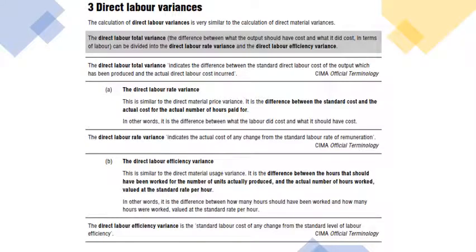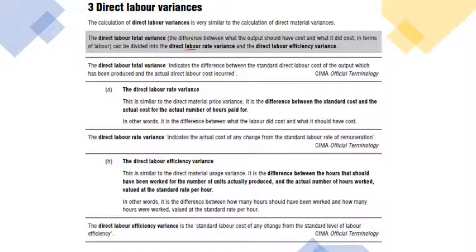In direct labor variance, the difference between what the output should have cost and what it did cost in terms of labor can be further divided into direct labor rate variance, as I already mentioned. One is the labor rate variance.